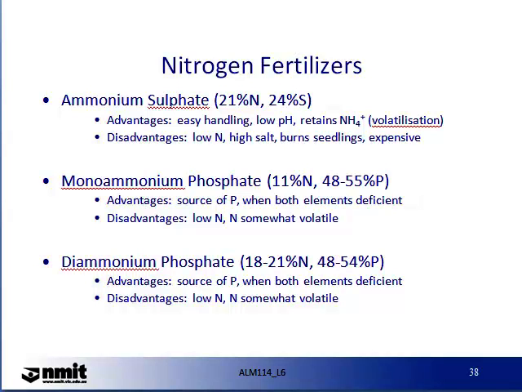Diammonium phosphate contains between 18 and 20% nitrogen and 48 and 54% P. The advantages of using diammonium phosphate are that it's a source of phosphorus as well as a source of nitrogen. The disadvantages are similar to those of monoammonium phosphate, in that the nitrogen level is low and it's somewhat volatile.